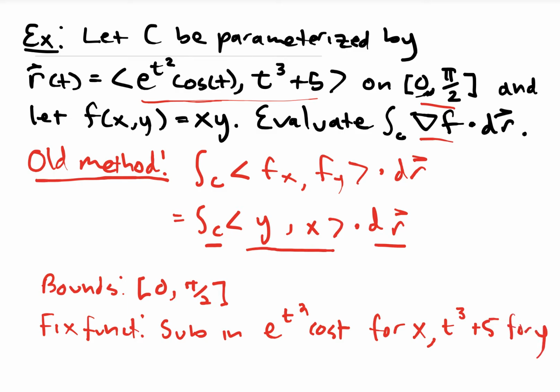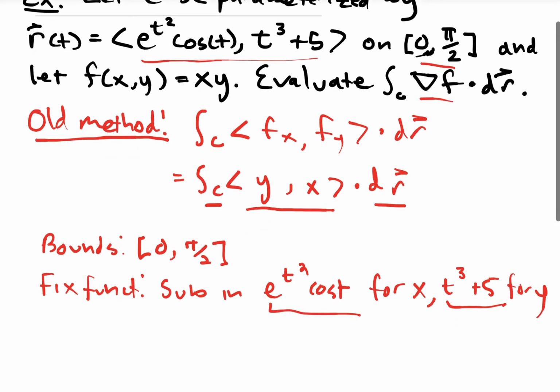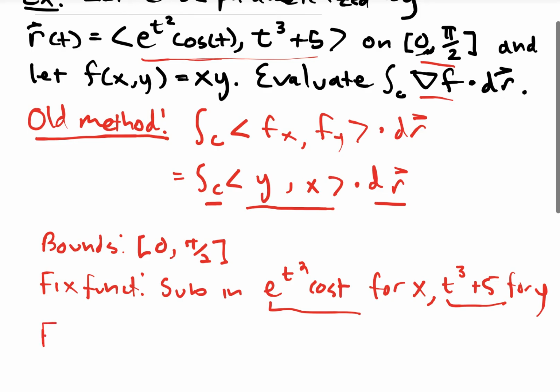Basically the new thing I'm integrating is going to be this guy times this guy. And then the final thing I need to do is fix my differential that goes on the end. The differential dr is really supposed to be the same thing as r prime of t dt.